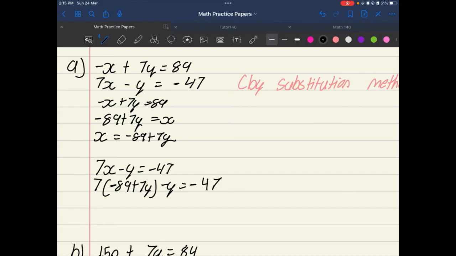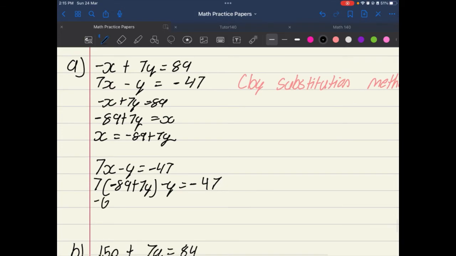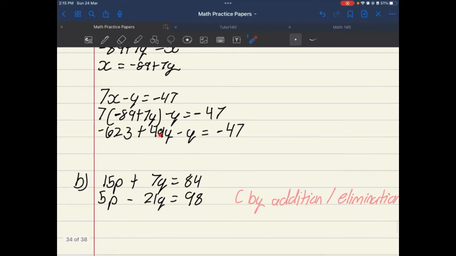Negative 89 times 7 is negative 623. 7 times 7 is 49y. Minus y is equal to negative 47. 49y minus y is 48y. And then when we send this 623 over, it'd be positive 623. So positive 623 minus 47.